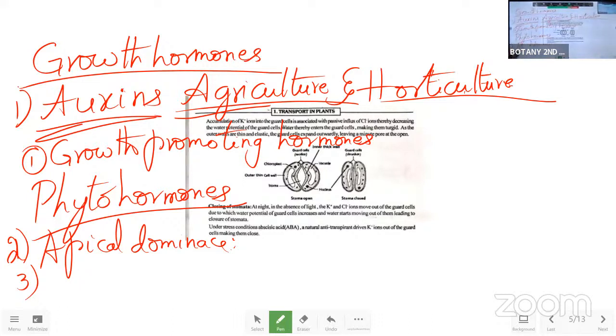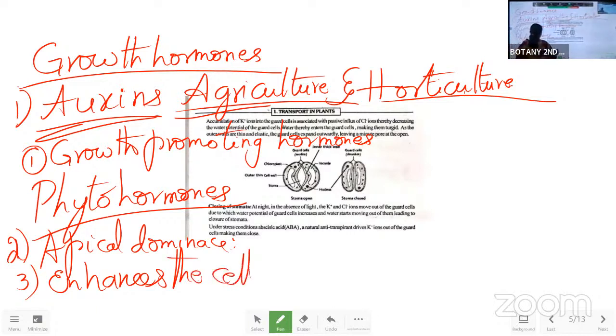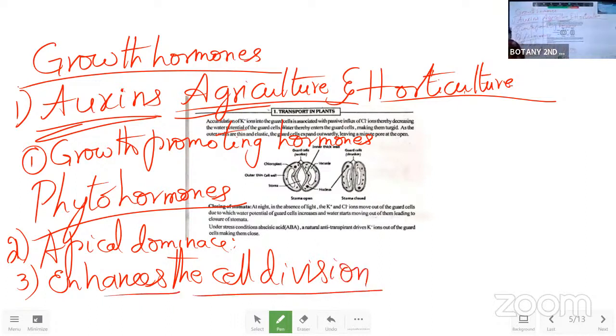it enhances the cell division. Here you should not say increases, it's enhances.